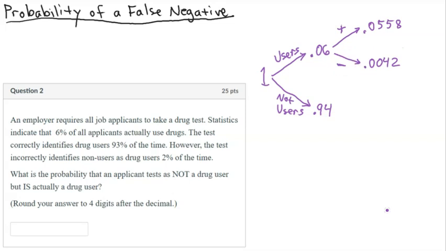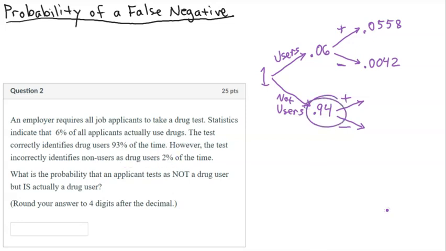as not drug users. Now let's split up the not users into those that test positive, which unfortunately happens sometimes. That's a false positive. And those that test negative, and that's a true negative. Okay, so they're not users and they test negative for drug use. It says here, however, the test incorrectly identifies non-users as drug users 2% of the time.